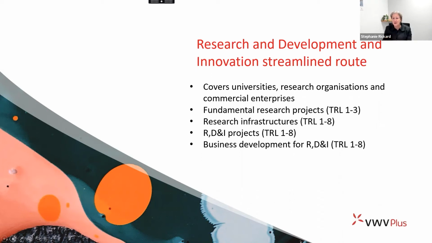It was never clear quite where the boundaries were between one or the other. So fundamental research carried out by somebody in a commercial sense is covered up to TRL 1, 2, 3.